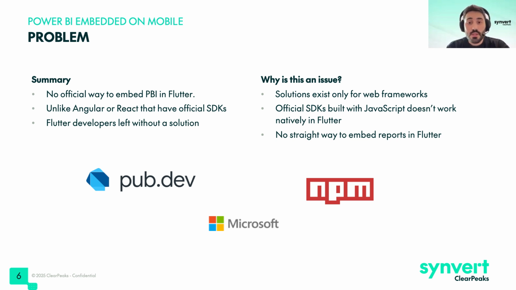And as we can see, because this framework is developed on JavaScript, there is a problem here that we need to solve: how are we able to have this Power BI embedding working on a mobile application, right? So because there are no straight ways to embed Power BI reports, we wanted to come up with a solution to this.